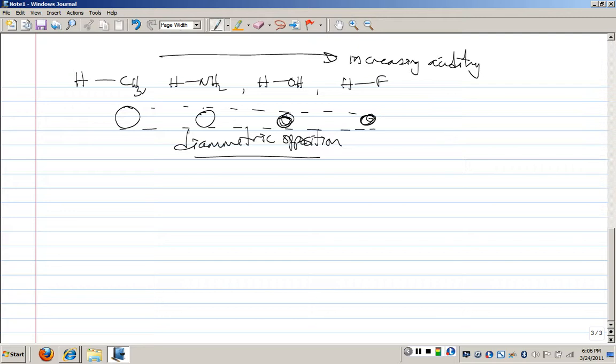Whereas if I go down any group, if I'm a metal at the top, like lithium in group 1, I come down to cesium at the bottom, I'm still a metal. Or if I'm fluorine at the top and I come down to astatine, I'm still a non-metal at the bottom. So electronegativity does not change much going down a group, but it changes dramatically across a period.